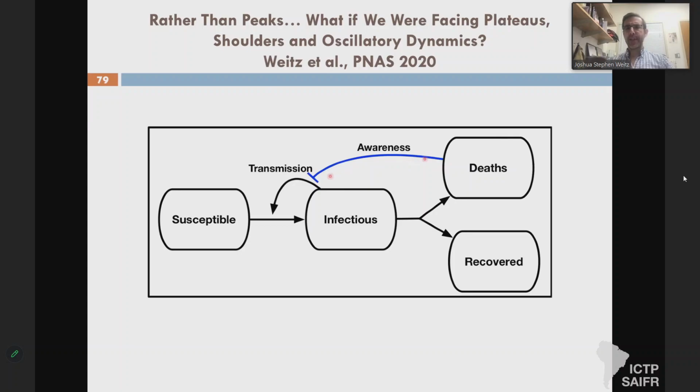And the idea of this is that people are aware of new fatalities or potentially cumulative fatalities, either through short-term or long-term awareness. And that will act as a negative feedback on transmission because people will change behavior. And this is irrespective of even policy change.